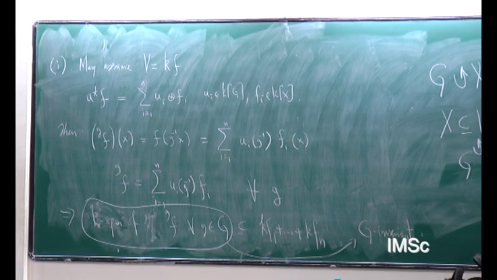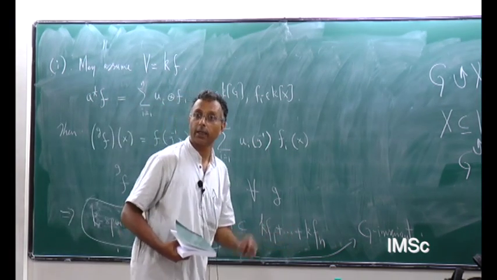Why? Because any element here is a finite sum of translates. If it is G1F times some constant plus G2F times some constant and so on, and I hit it with a G, all those GiF become GGiF, etc. But those are all still within this space, because all the translates for all G in G are contained in here.